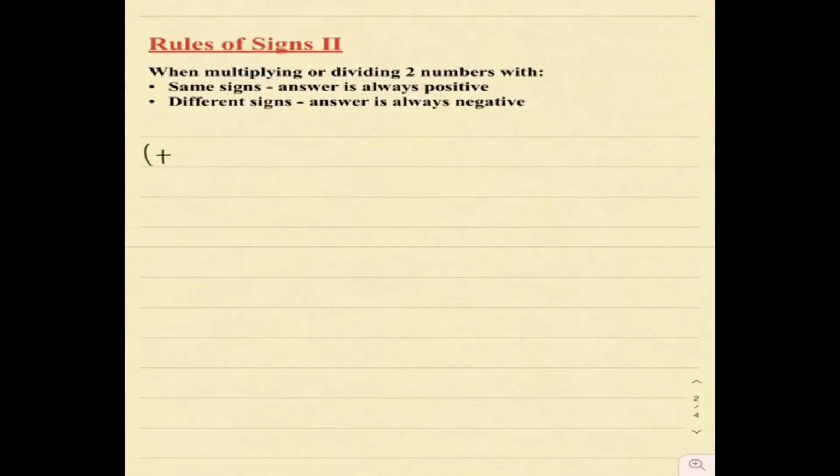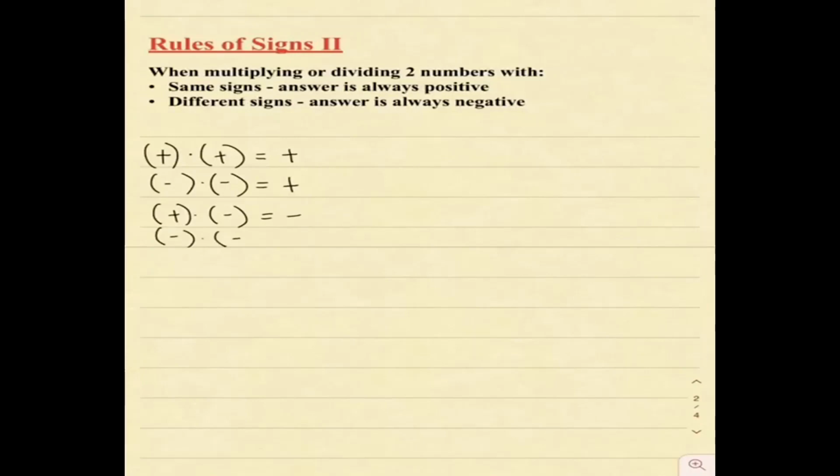So if you have a positive number multiplying a positive number, so those are two same signs, the answer is positive. Again, when you multiply a negative number with a negative number, the answer is going to be positive because they're both same signs. But when you multiply a positive with a negative, the answer is a negative. And the same thing, when you multiply a negative with a positive, the answer is going to be negative.